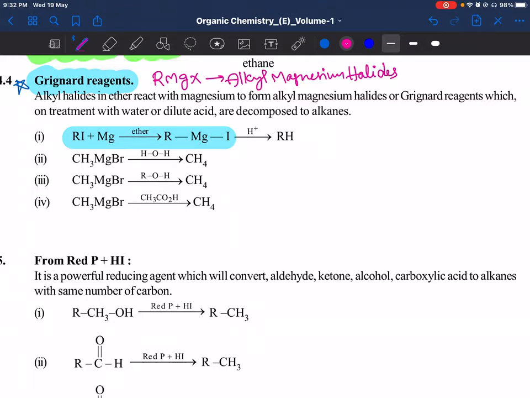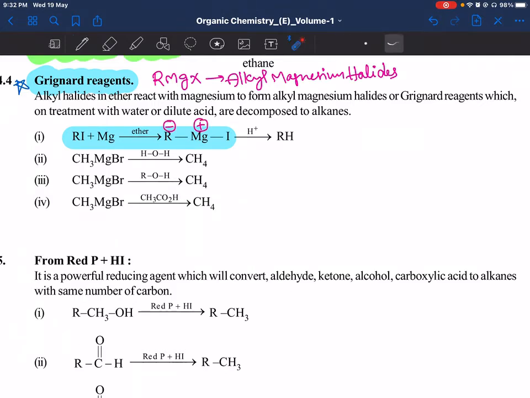That Grignard reagent has more affinity towards protons. So in this case, H plus ion is there. In the Grignard reagent, magnesium gets a positive charge and the alkyl group gets a negative charge. So what will happen then?